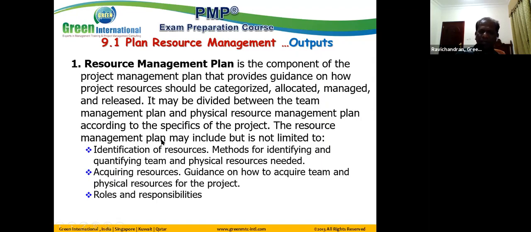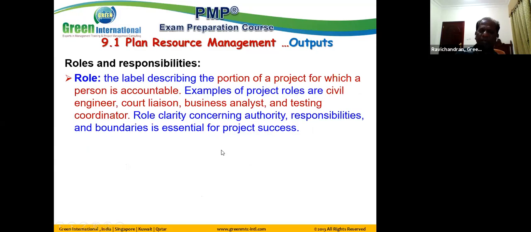The resource management plan may include identification of the resources, meaning the method for identifying and quantifying the team and physical resources required, acquiring the resources, how we are going to acquire the team and physical resources for the project, roles and responsibilities of the team members.